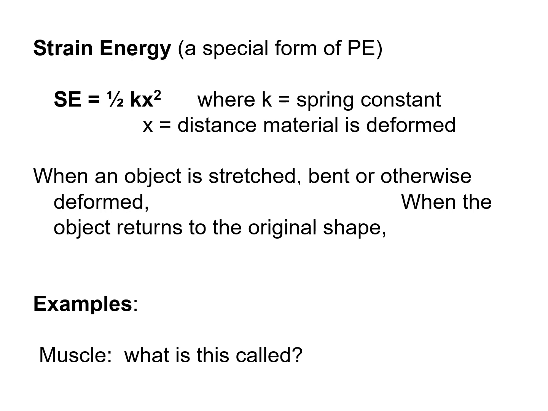If you've taken year 1 physics, you've heard of Hooke's law. Basically, if you take an object and you deform it, you're storing energy within that object. And then when it goes back to its original shape, it releases that energy.